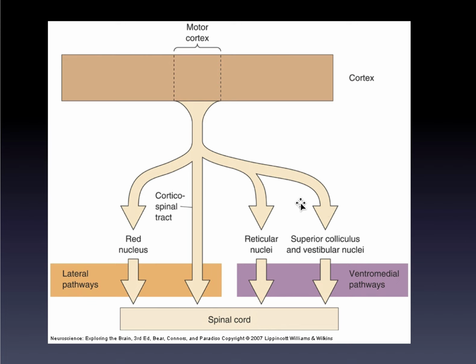And so the output of these is going to be modulated by that motor cortex. But again, this is going to be for adjusting those motions and dealing with novel stimuli quickly in ways that aren't necessarily benefiting directly from the complex motor planning that happened in the motor cortex.